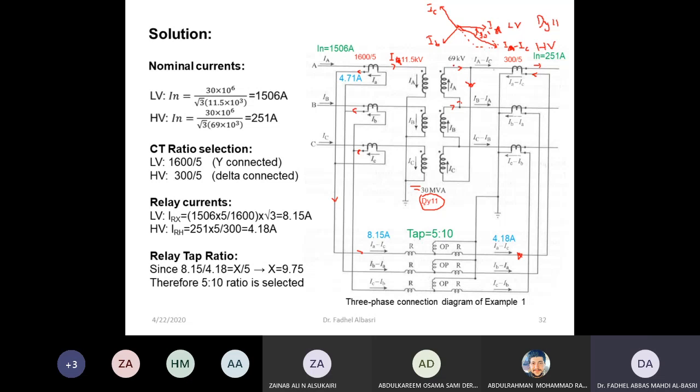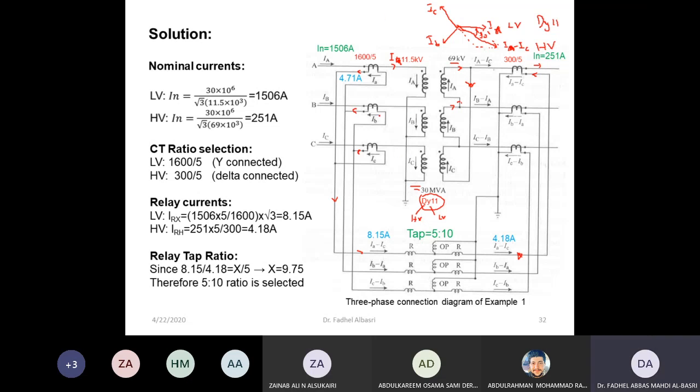So the HV side, which is the 69, is connected at delta. And this is a common mistake students do also. Right? So the first letter doesn't mean the left side, okay? It means the HV. The second letter is for the LV connections. So this is LV. That's why it's a small letter. This is HV connection, okay? And this is the phase shift between the LV and HV.